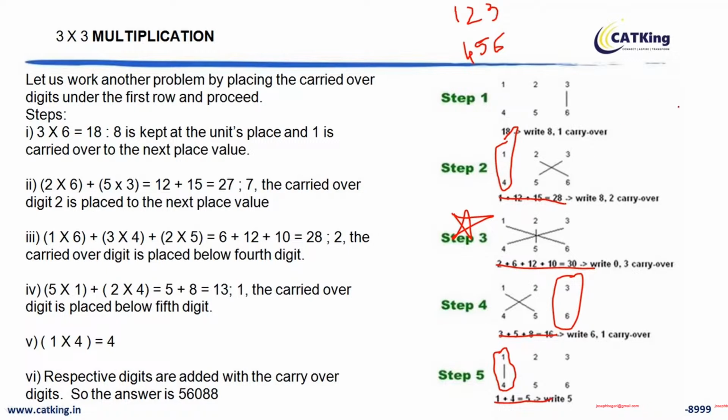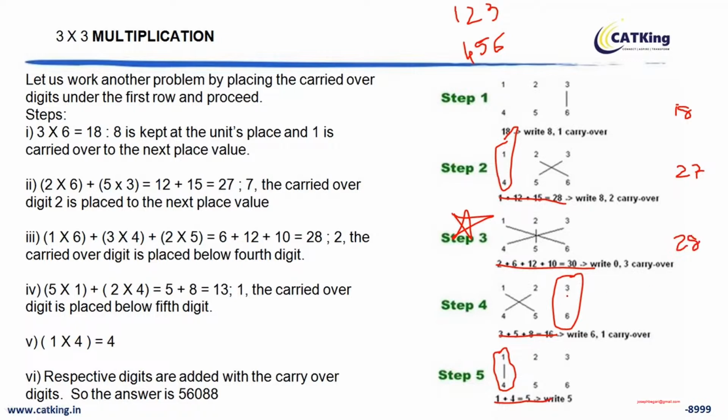So what we've gotten from here, we've gotten 80. Here we've gotten 2, 6 are 12, 3 into 5, which is 15, 12 plus 15, 27. Here what we've got is 6 plus 12, that is 18, and 10, which is 28.